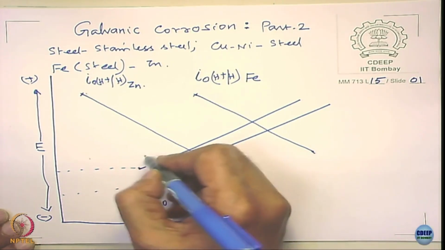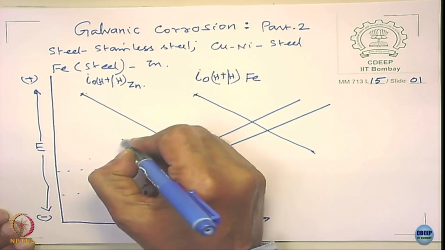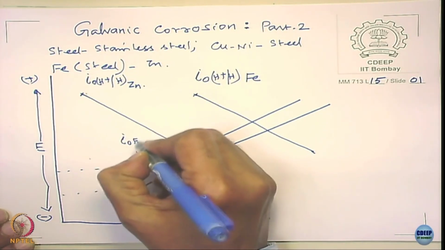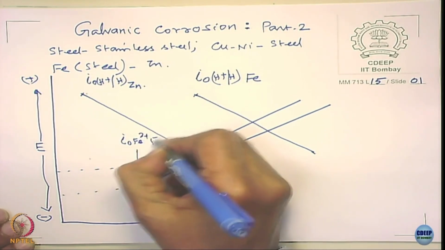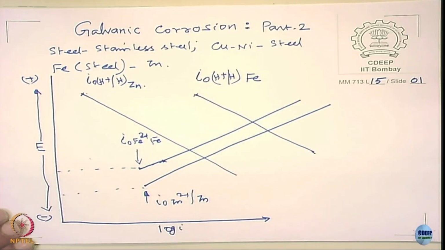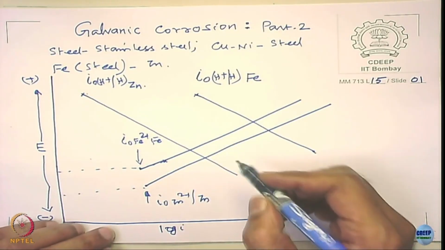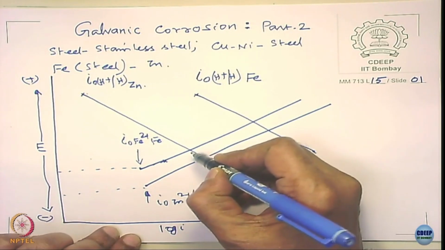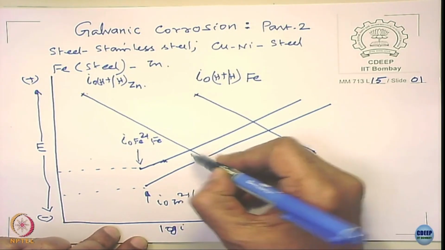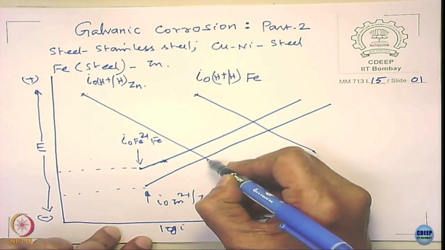And what is this? This corresponds to i_0 for the hydrogen reaction. Now you can find out the corresponding corrosion rates.